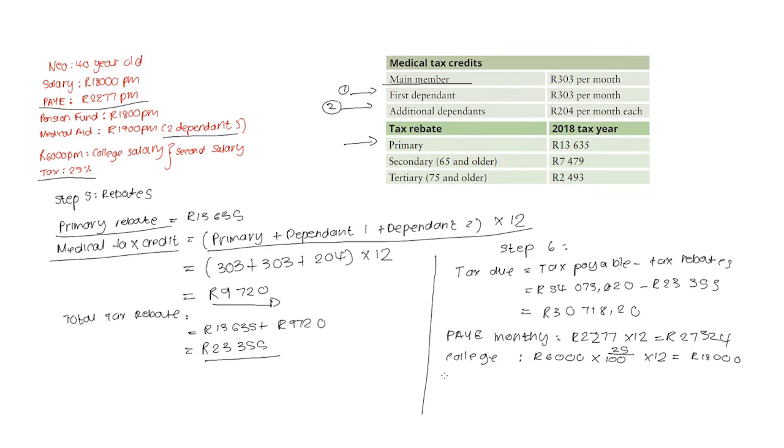We then calculate the total tax that is deducted by simply adding the two results.